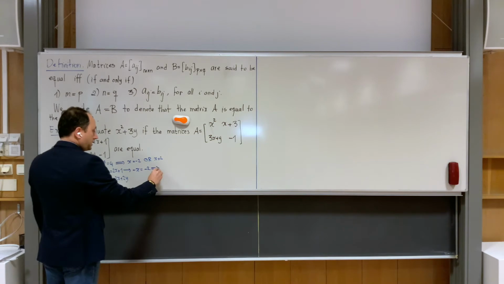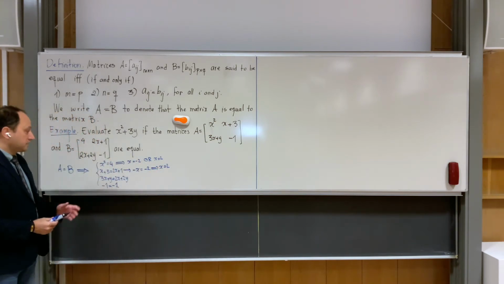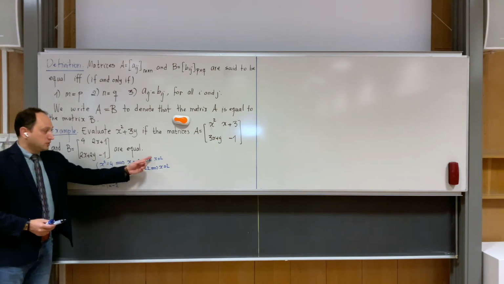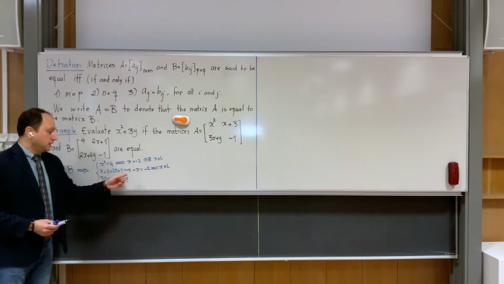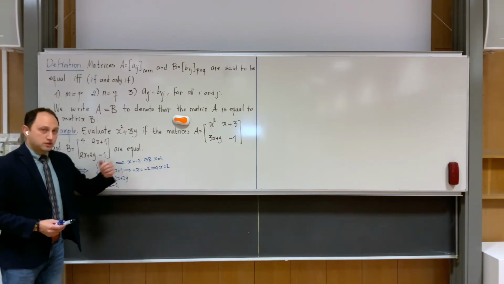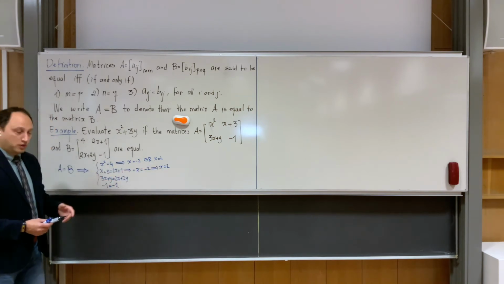So then it implies that x is equal to 2. So it means that this minus 2 only takes care of the first one, but not the second one, so that's not acceptable. So far we know that x equal to 2 will satisfy this condition and that condition simultaneously, so x is equal to 2. And I take this 2 and plug it in this equation and find y, yes?